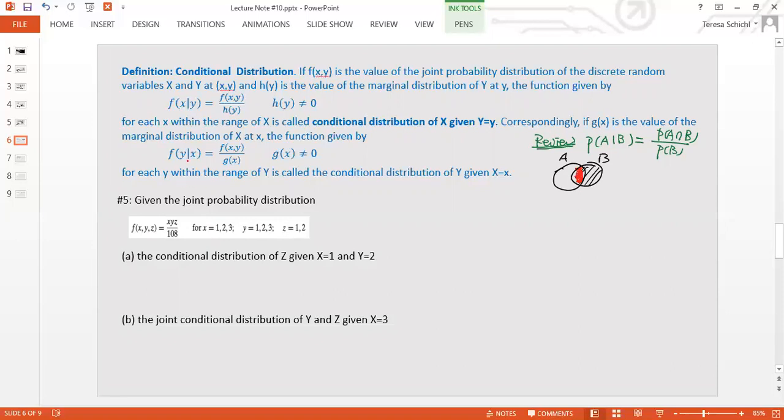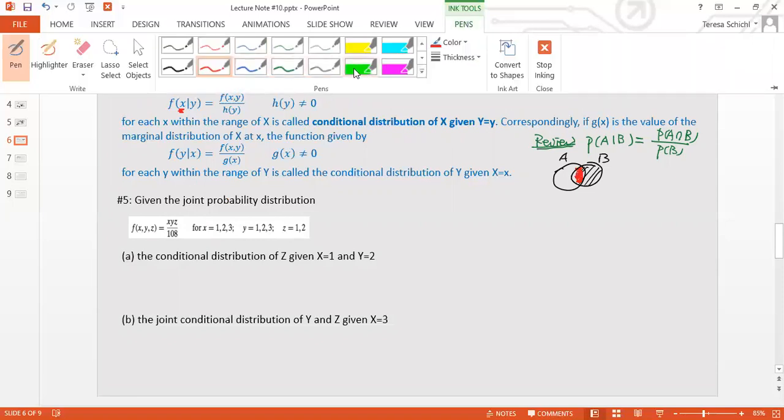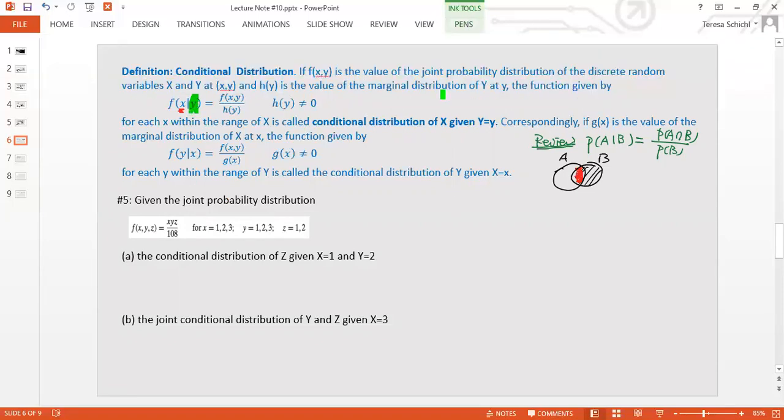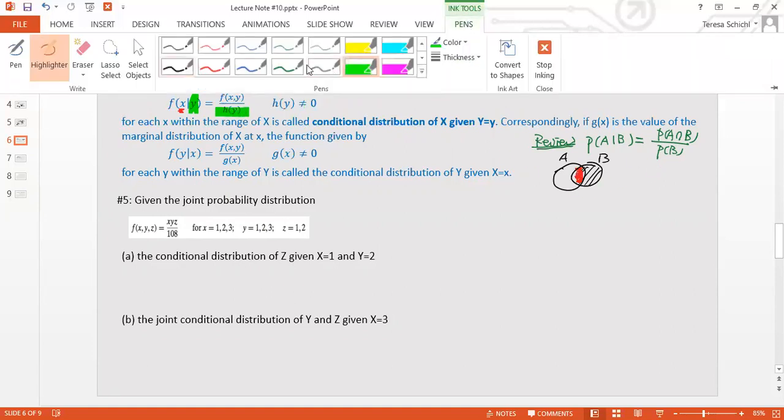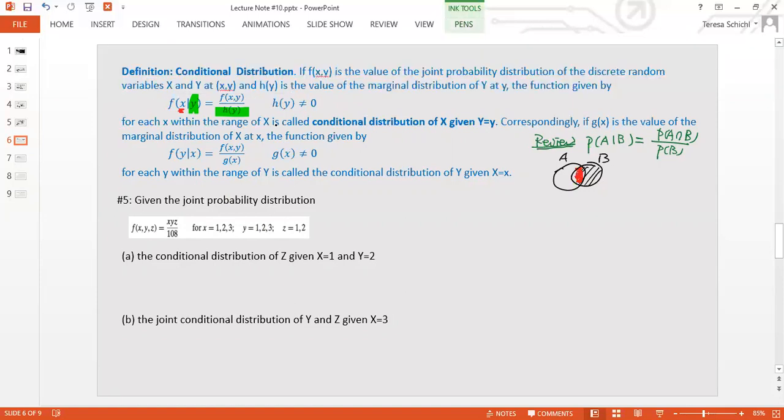So let's take a look. If I want to find the probability function of X given that Y has already happened, I use the marginal distribution h of y on the bottom. Then the top, like A and B, is the joint distribution.